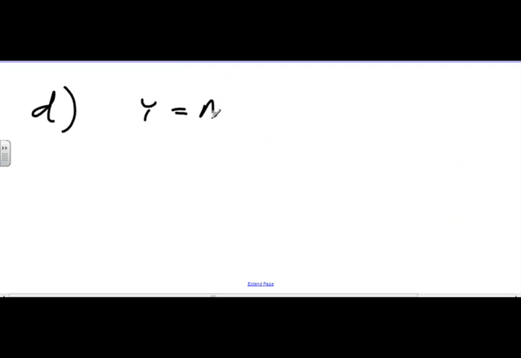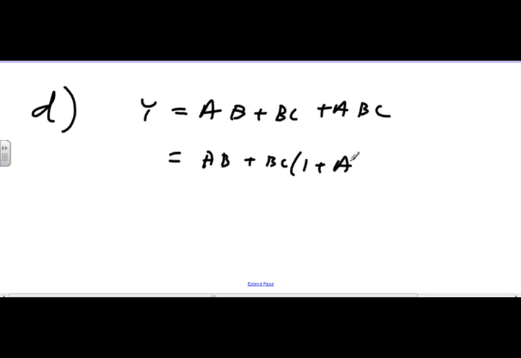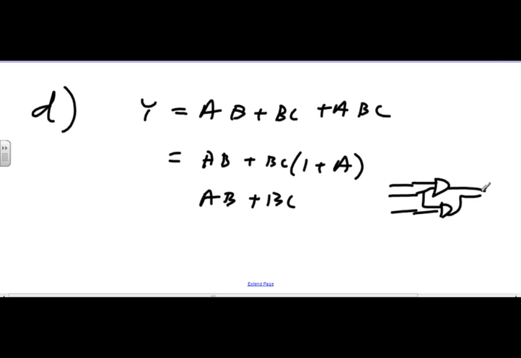Y, A, B, B, C, A, B, C. We can go multiple ways, I guess, so that A, B, or B, C, 1 or A. A, B, or B, C. Can't do much more. A, B, C, A, B, and B, C, and 4.